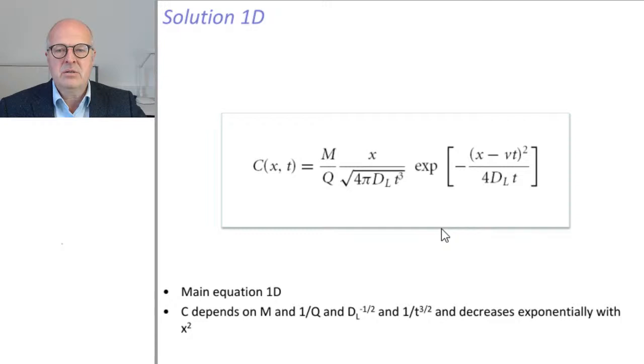And this is a universal equation. You can apply it to many different cases. I don't know whether I can convey my fascination for this, but you discover that so many things are actually controlled by dispersion. So you can use this to calculate the dispersion of smoke downstream of a factory.